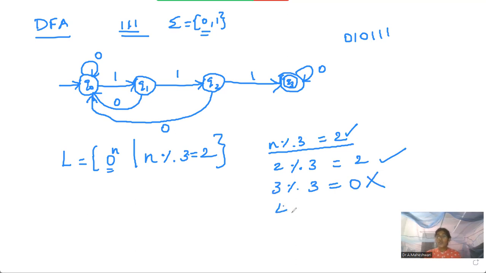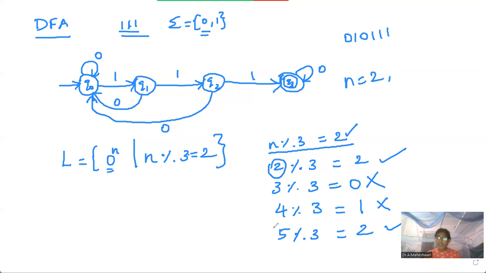4 is also, what will happen? 4 mod 3 is equal to 1. Okay, this is also not satisfied based on our constraint. But I'll substitute 5. 5 mod 3, you'll get 2, right? So this is satisfied. So one n value is already here, that is 2.